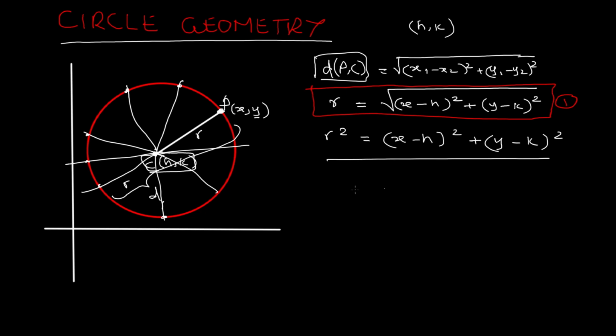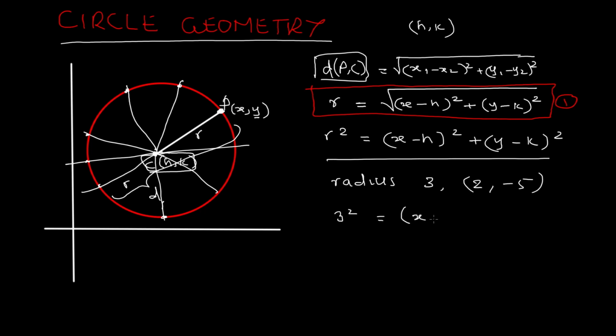So now an example would be if we were to calculate the equation of the circle, which has radius, let's say 3, and center (2, 5), like that. What would be the equation? So here we can say 3 squared is equal to, we place our values there.